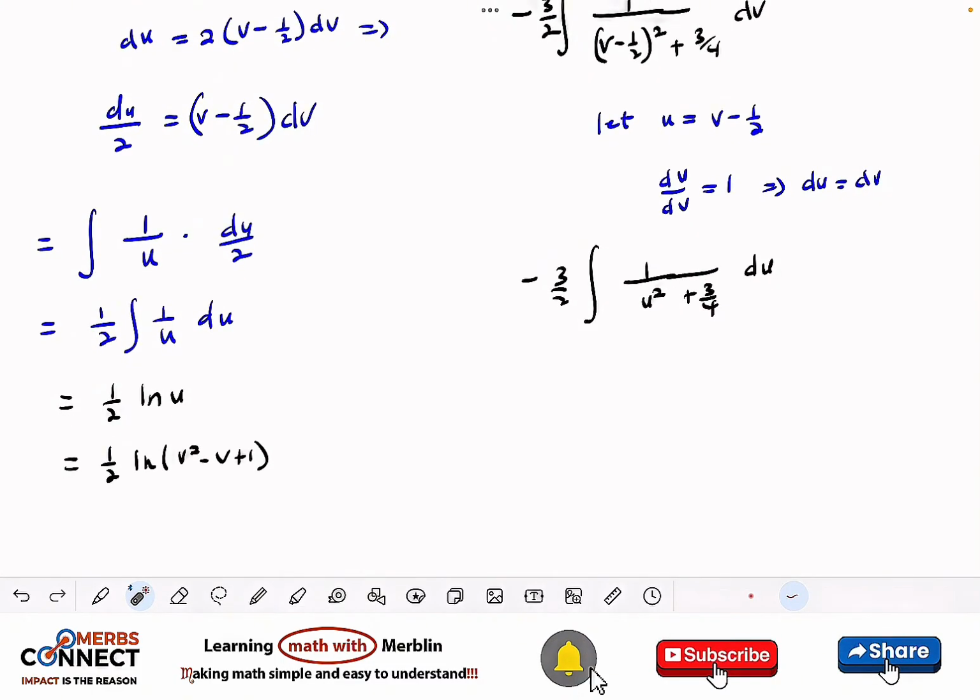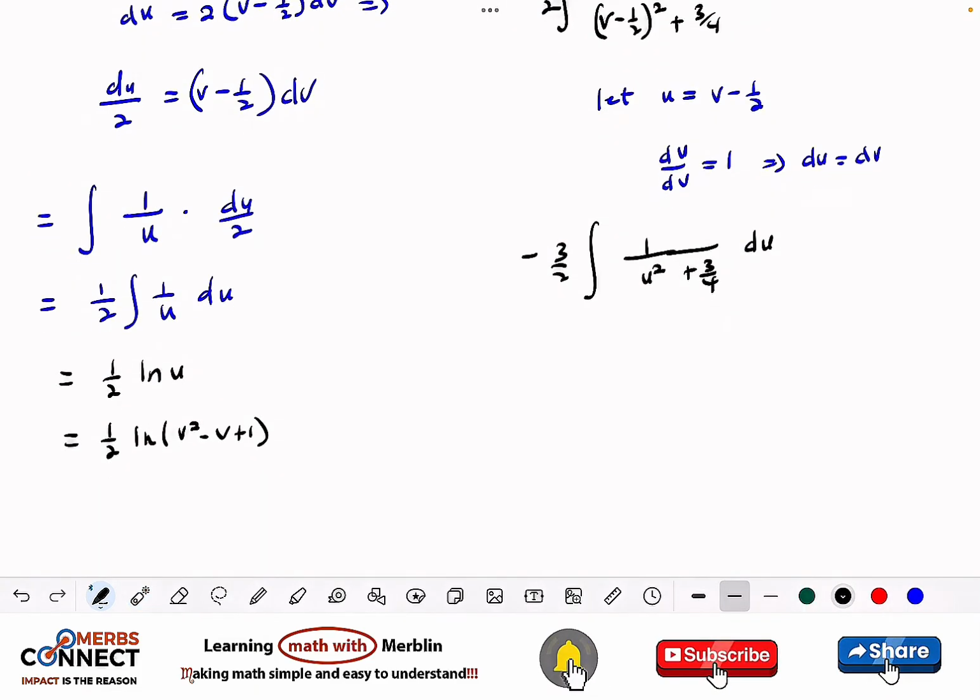Now we need to think about tan, right? Because tan inverse is something like something squared plus 1. So we need to be very smart here. We know that if I integrate 1 divided by x squared plus 1 dx, this is going to give us tan inverse of x.